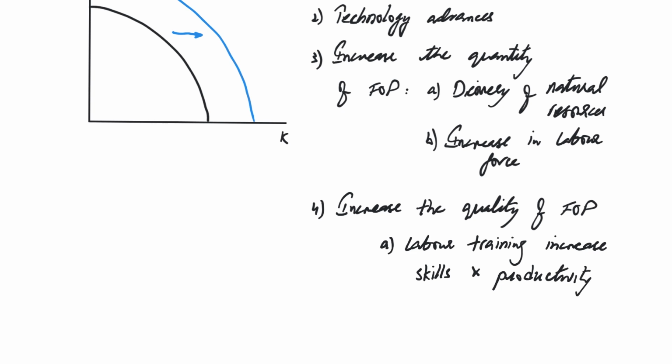So all of these factors are going to cause an outward shift in the PPC. Again, improved technology can also improve the quality. Sometimes you can even improve the quality of your natural resources.